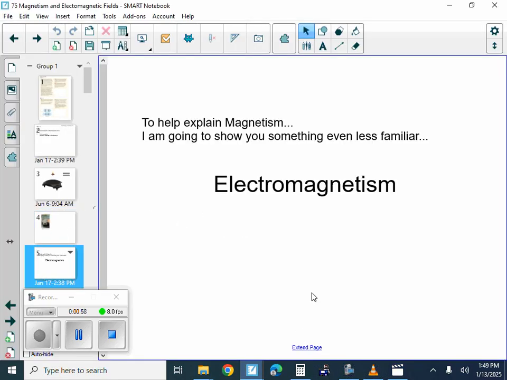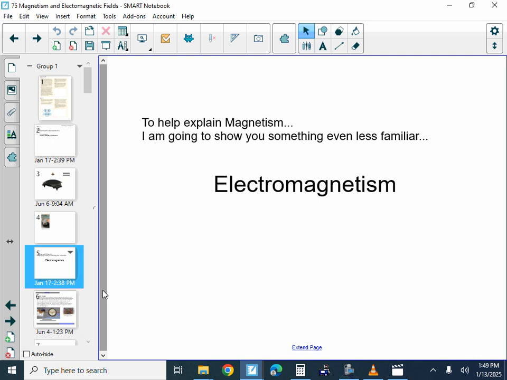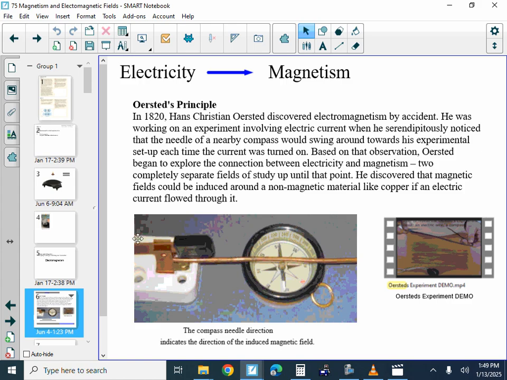And then I quickly pull away from magnetism itself for a bit and start to talk about electromagnetism, trying to tie the two of them together, of course. So in 1820, Christian Ørsted discovered electromagnetism by accident.